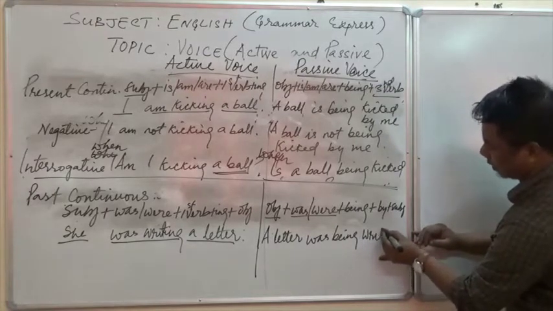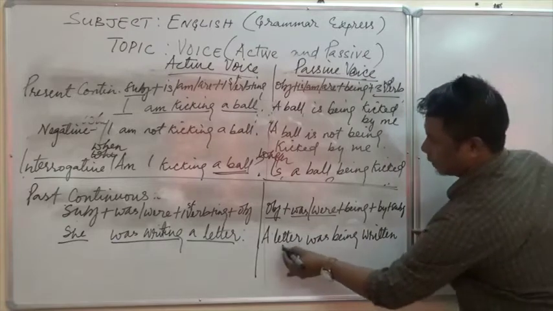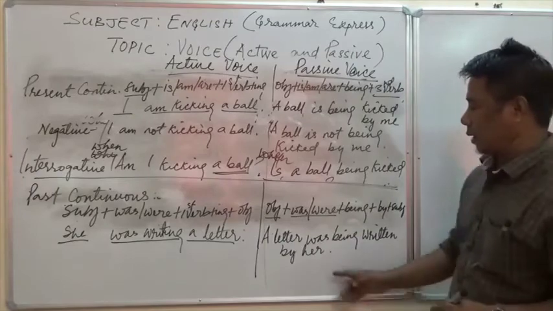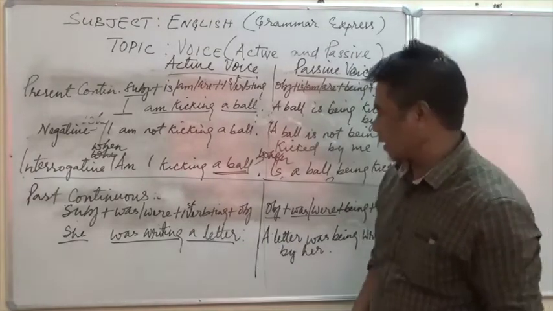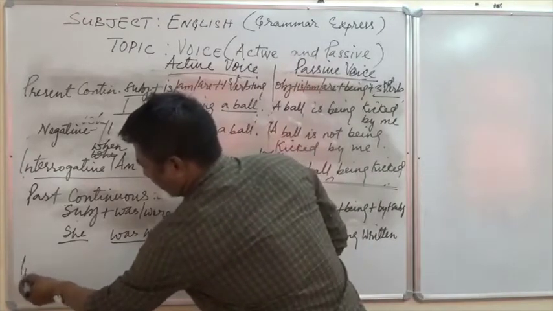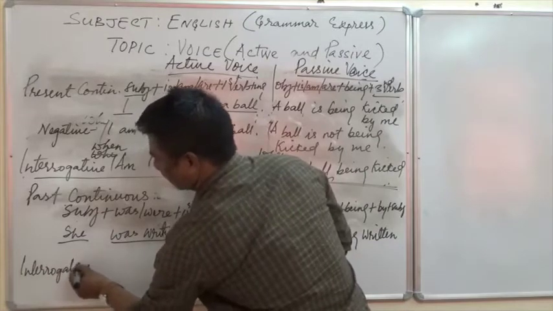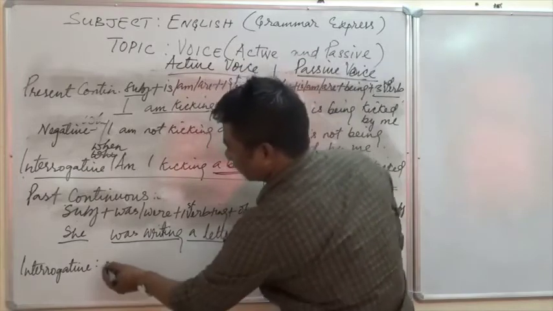Write changes to its third form, written. A letter was being written by her. The object pronoun is her. That is the affirmative sentence.